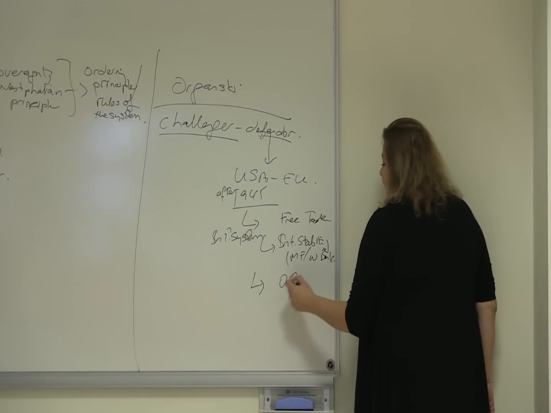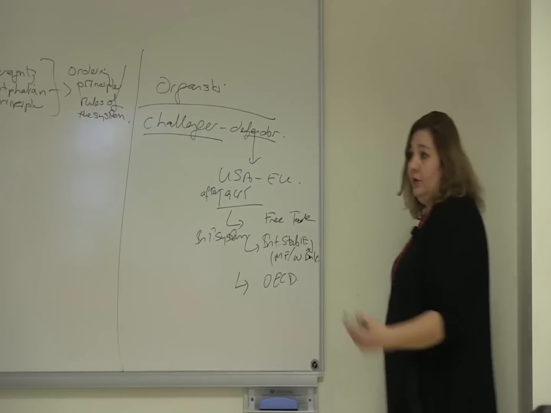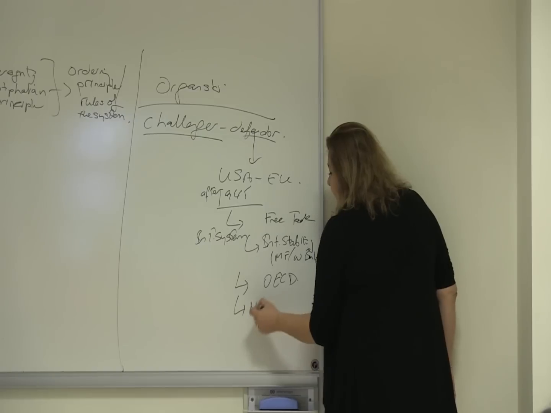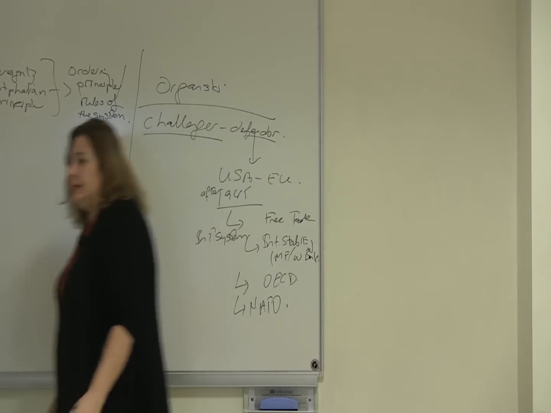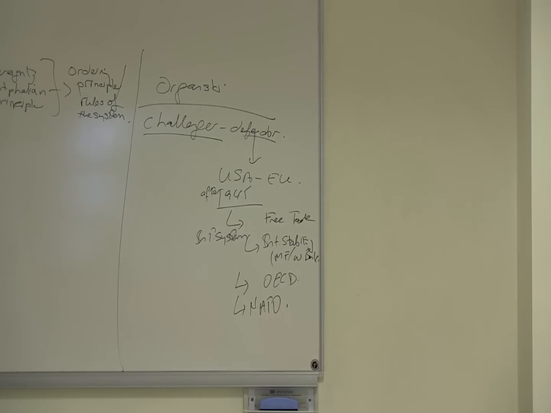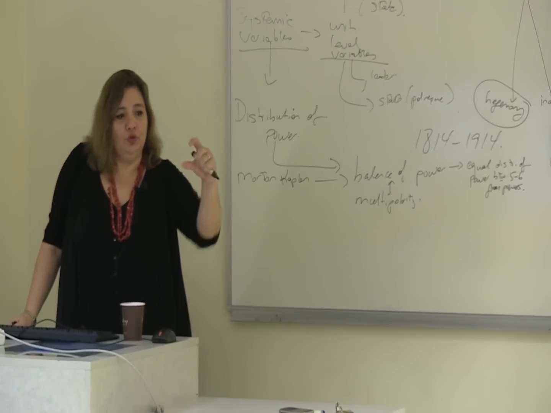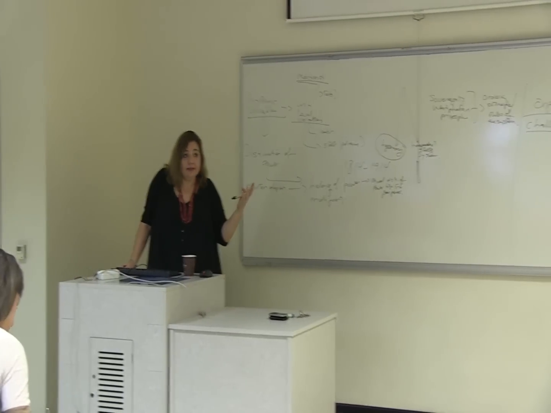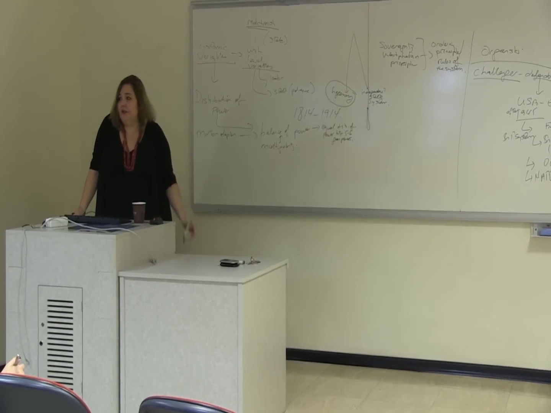The OECD, the Organization for Economic Cooperation and Development, and of course, the very central player in international politics, NATO. So the US and the European Union, from the perspective of neorealism, tells you that these two players, the transatlantic players to be specific, are together the hegemonic leaders in the international system.